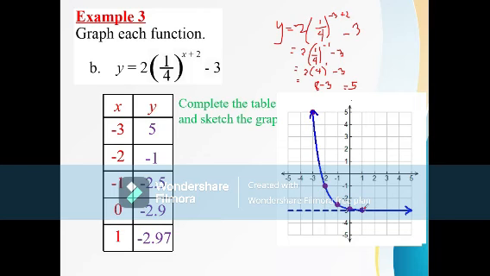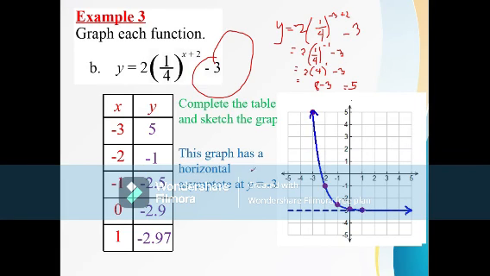Okay, and the horizontal asymptote would be this value. Always remember that one, negative 3. So we are going to make a dash line here, meaning this is our horizontal asymptote. It is where the graph approaches but will never intersect.